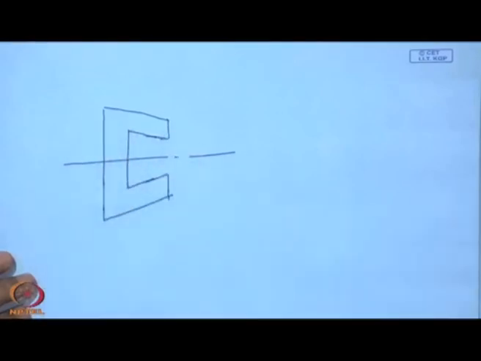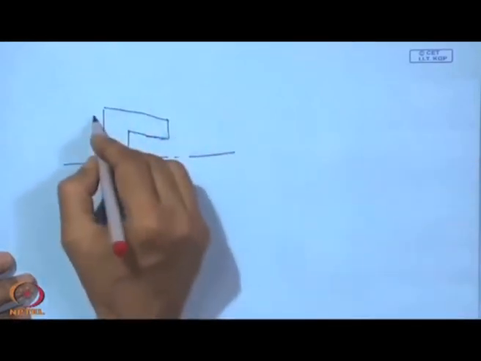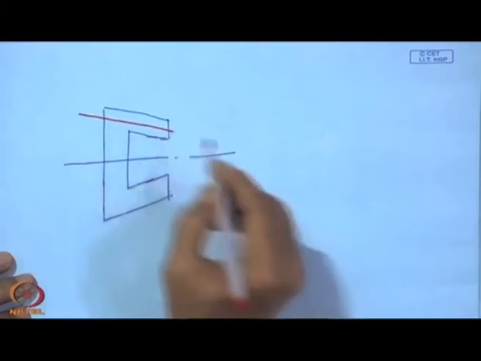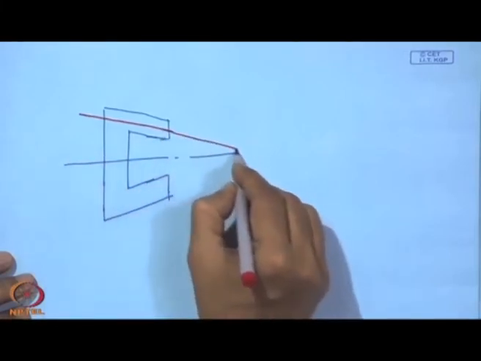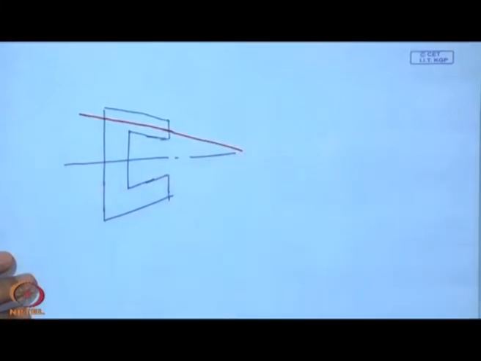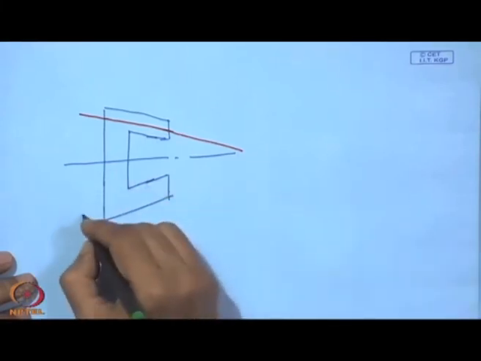So, we have here 2 wires, this is one, and then we have another wire which is coming from this side.